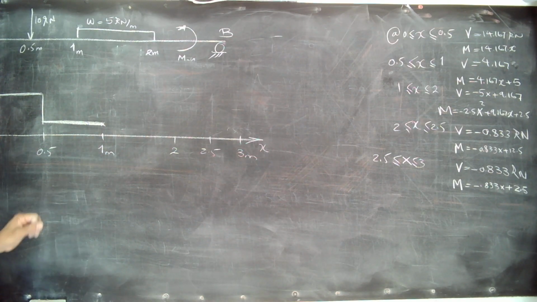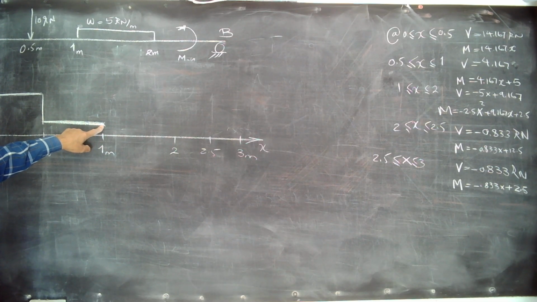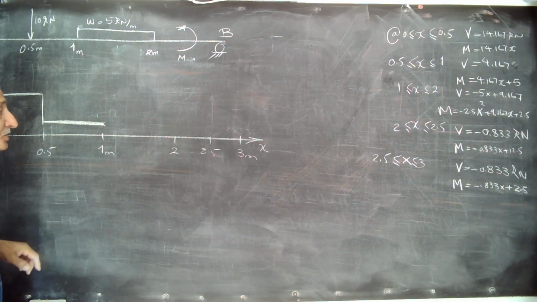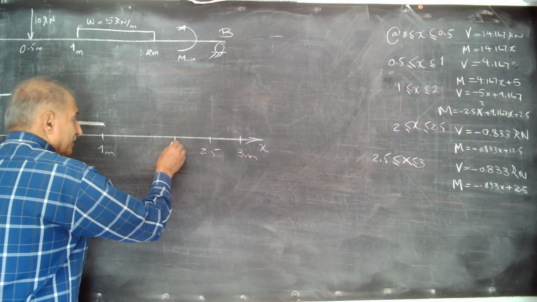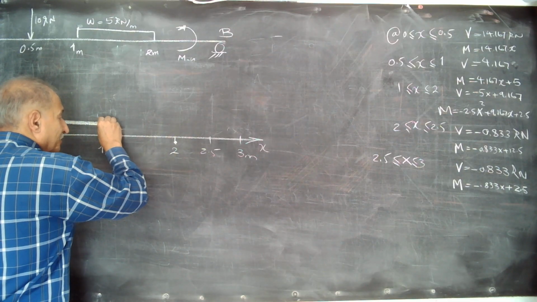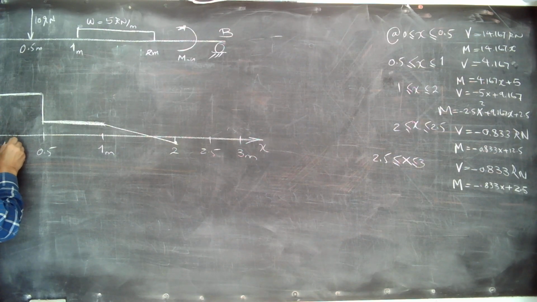For a straight line, you need 2 points. We got 1 point here, 1. And the other point is 2. If you put 2 here, it is minus 5 times 2 is minus 10 plus 9.167 is minus 0.833. You got it here, and then connect them together. Here you got minus 0.833.